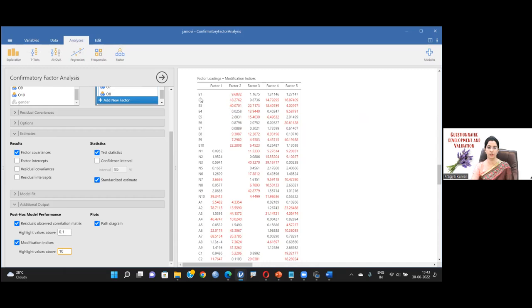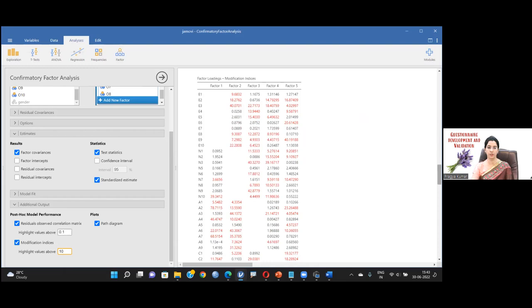So here you can see that E1 is getting loaded on 4 factors. This E2 is again getting loaded on 4 factors. What we are looking for is an item with cross loading, but with a very high value of modification indices. So if I see this, it is 40, 22, 18, 4. Similarly, this is 22.